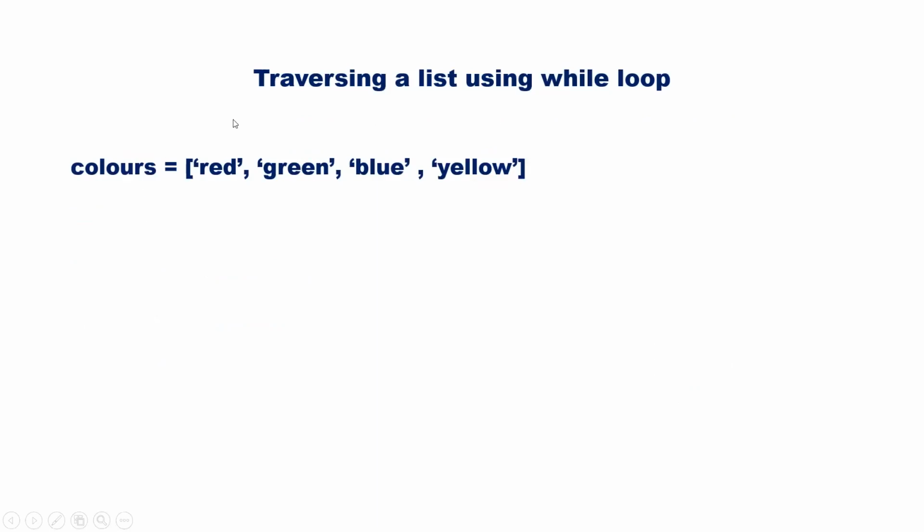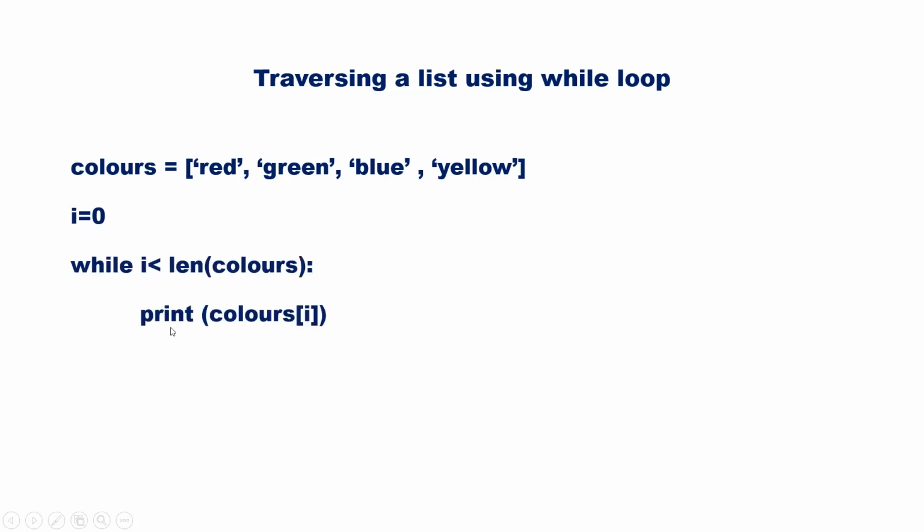We can also use while loop to traverse through the list. Using while loop, we access the list item using the index number. We start at index 0. Here I am taking i as the index variable and initialize with value 0. While i less than len(colors): print(colors[i]) and then i = i + 1.